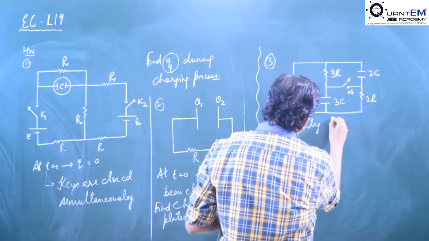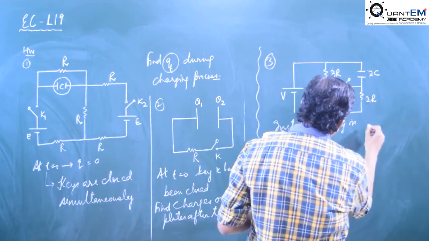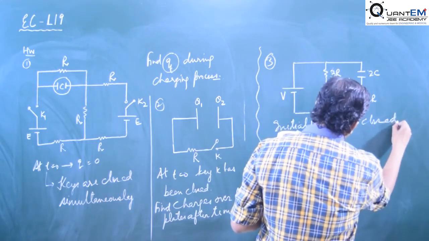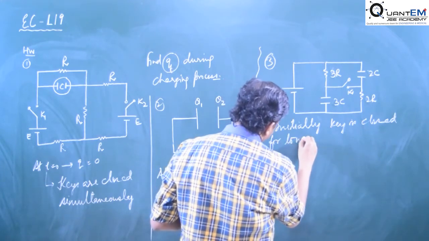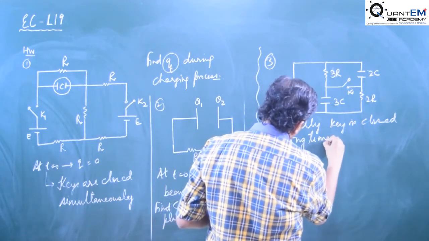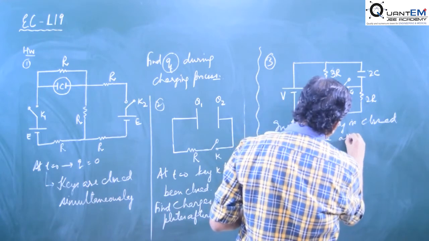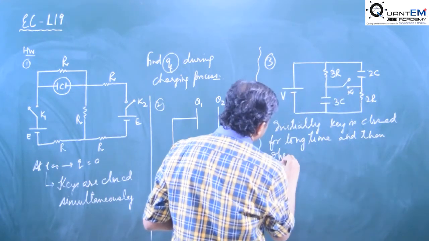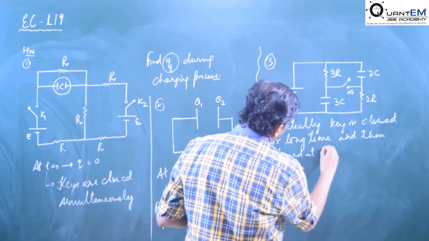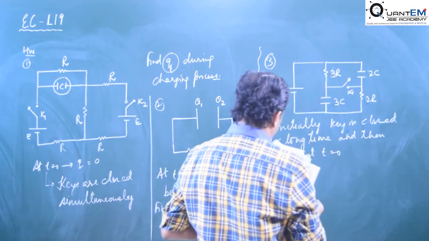Okay, initially K is closed for a long time and then opened at time t is equal to 0.